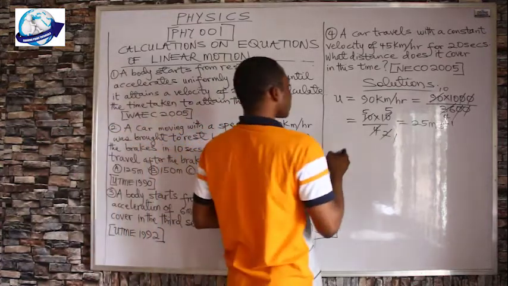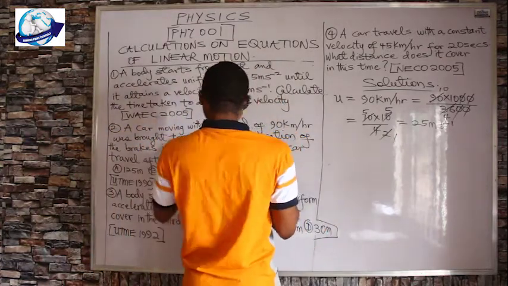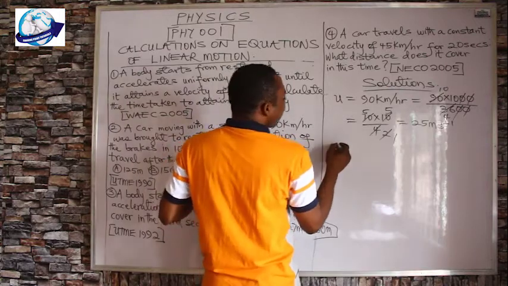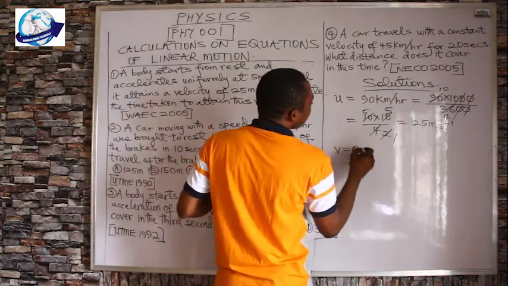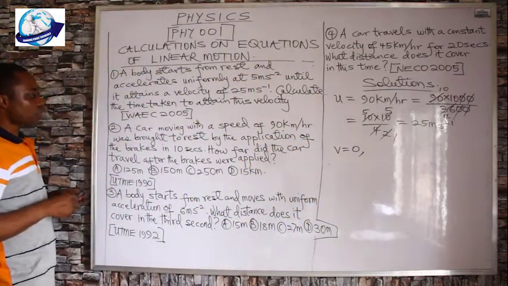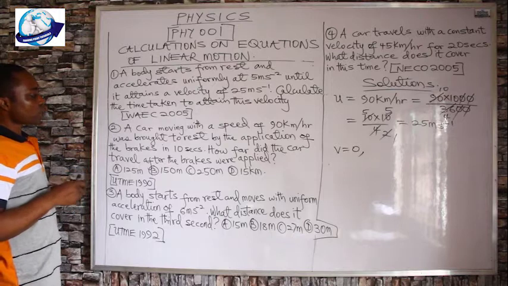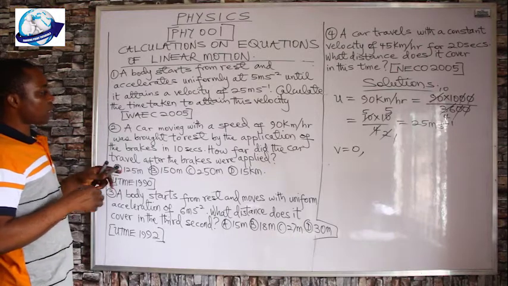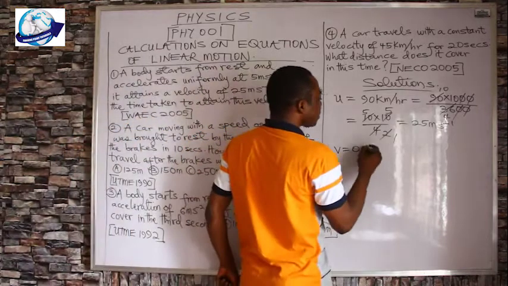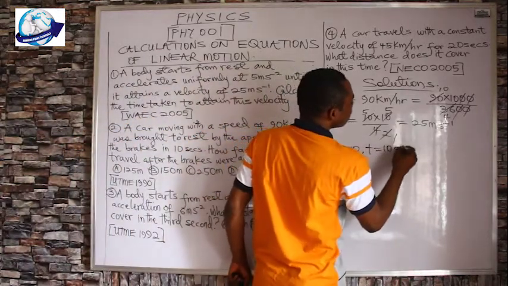Now we move to the next parameters. To rest, since the car was moved to rest, final velocity V is equal to 0. In the next case, we can say the application of brakes. This brake was applied in 10 seconds. So the time now is 10 seconds, T is equal to 10 seconds.